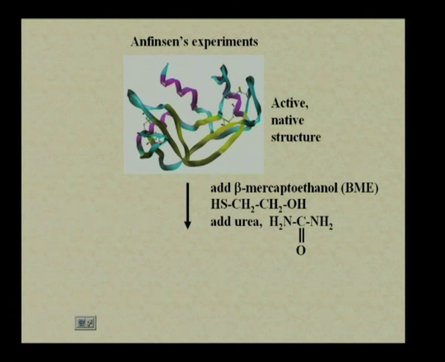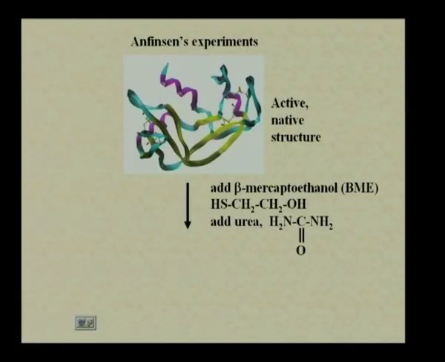What does an active structure mean? It means that this protein or this enzyme has its function intact. So, when we are looking at this active enzyme, we know that its enzymatic activity is to the fullest because it is a folded protein. It is in its native structure.